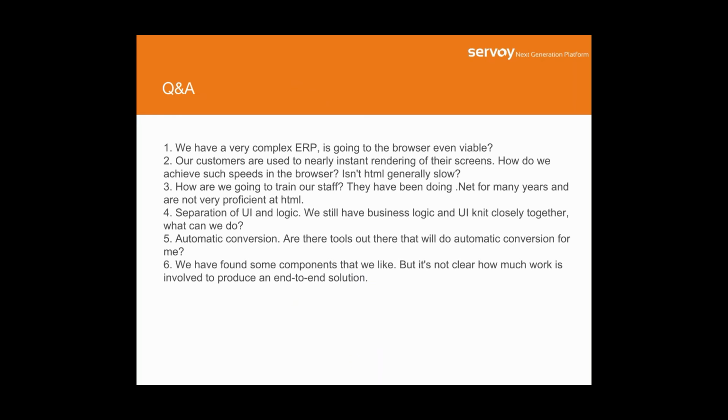Good questions that we're seeing here. The first one: we have a very complex ERP. Is going to the browser even viable? This is a good question, and our experience is that if you take your exact same workflow and way of order entry or any process to the browser, then it will not be very user-friendly.